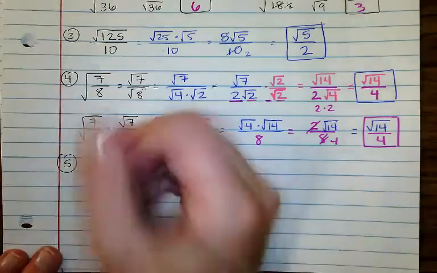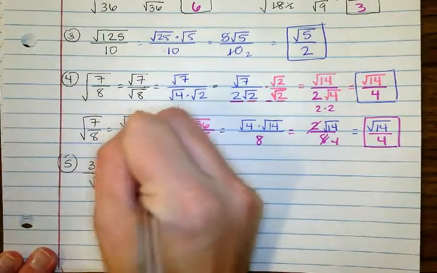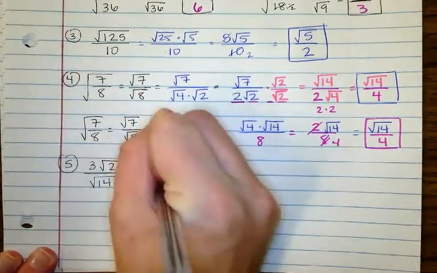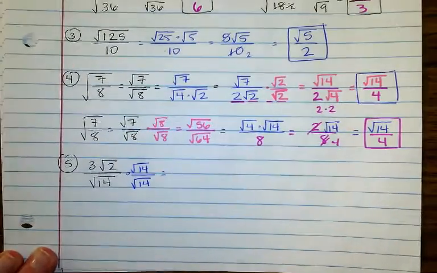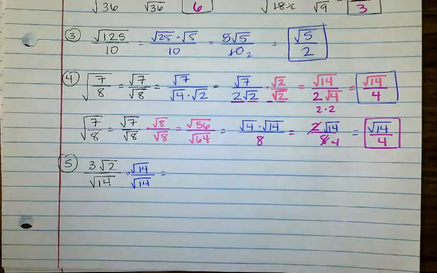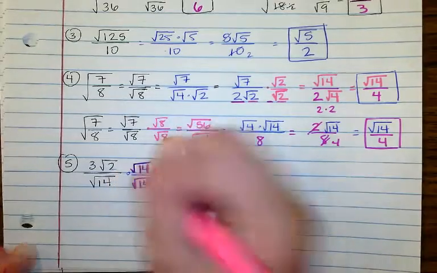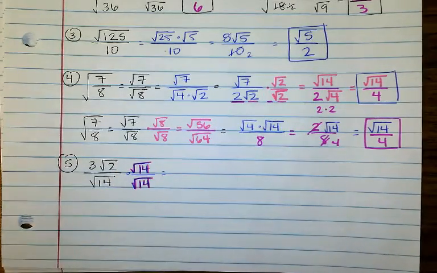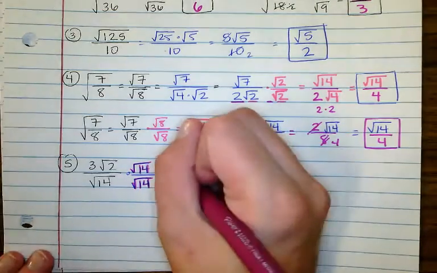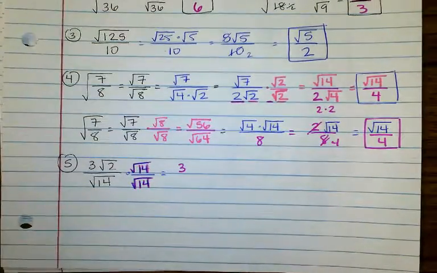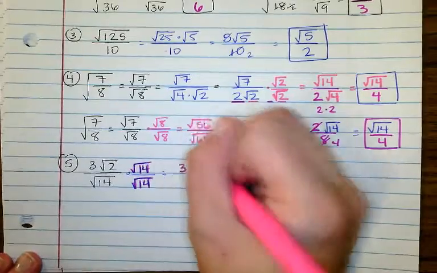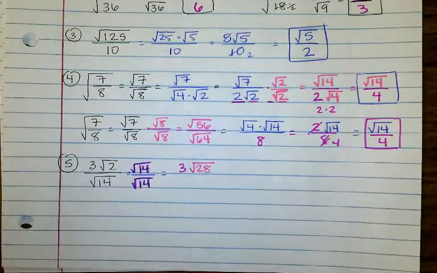I'm not keeping my colors straight. That would give us 3 times the square root of 28 over, well guys, what is 14 times 14? Or square root of 14 times square root of 14 is just 14. Are y'all comfortable with that?